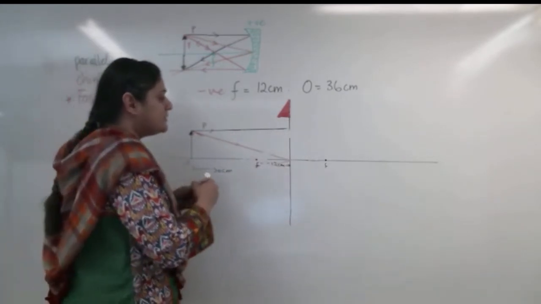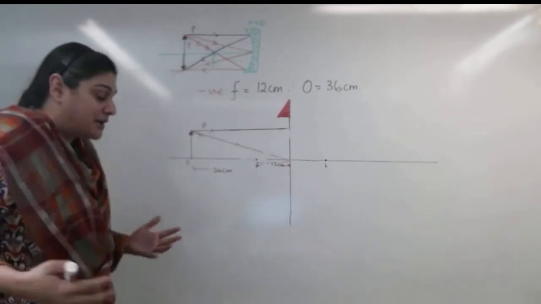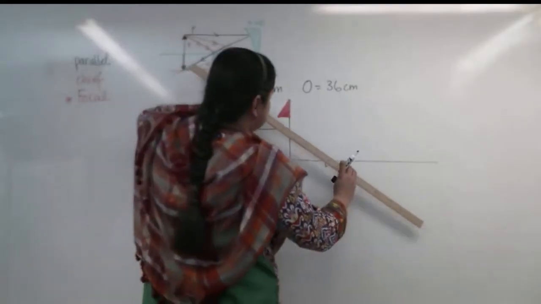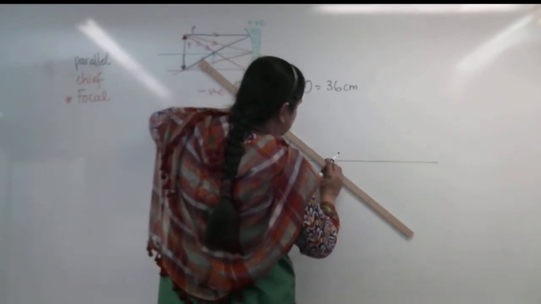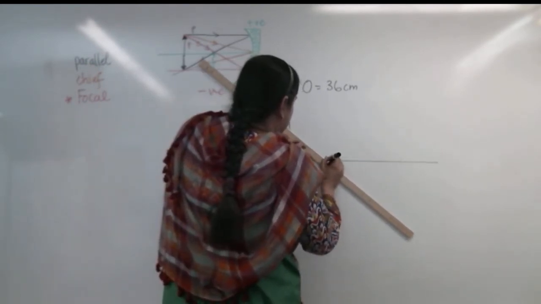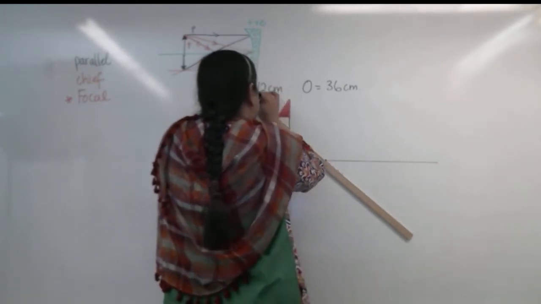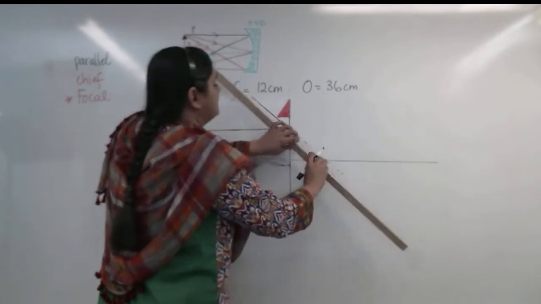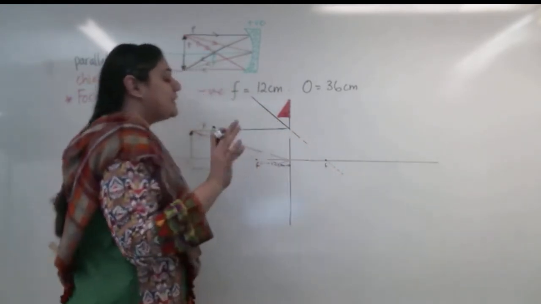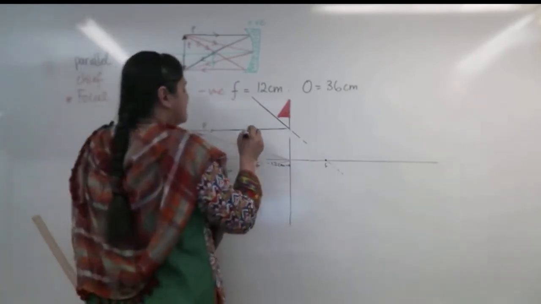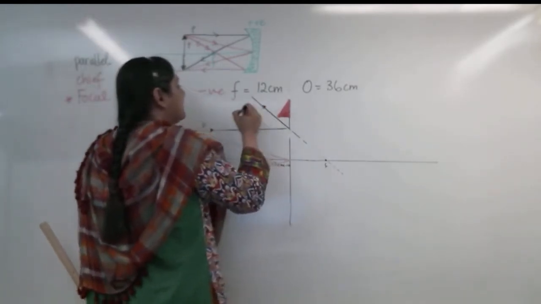What is it going to do? It is actually going to diverge. But by how much? Well, it's going to diverge by the amount that it goes through here. Like that. Do you see how I draw these rays? Because these are not really there, they're just virtual, but parallel in this case will go like that.